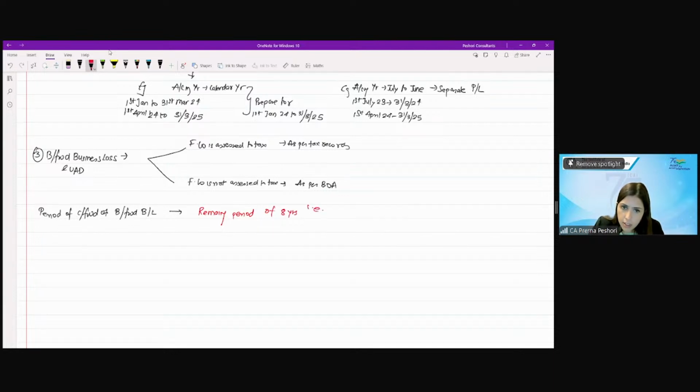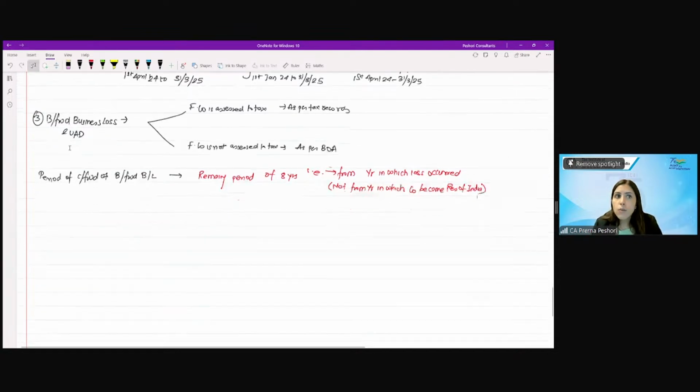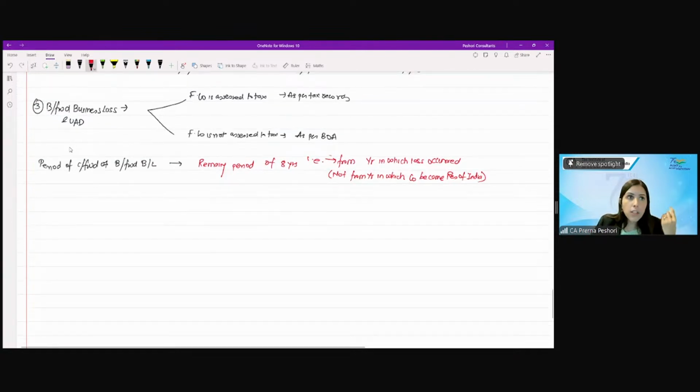That is from the year in which loss occurred, and not from the year in which the company became resident of India. What was one more point with respect to the allowability of these losses against the income in India?